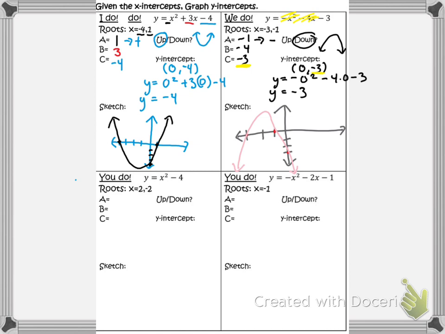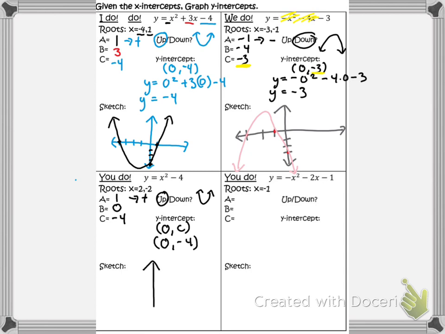Alright, go ahead and do the next two you do's, and let's see how you do. Sorry, the A, B, and C's for the first you do. Ooh, tricky. Our A value will be 1. B value is not negative 4, it's 0. And our C value is negative 4. That means this opens up like this because it's positive. And our y-intercept will be at 0, comma, C, and my C value is negative 4, so 0, comma, negative 4.